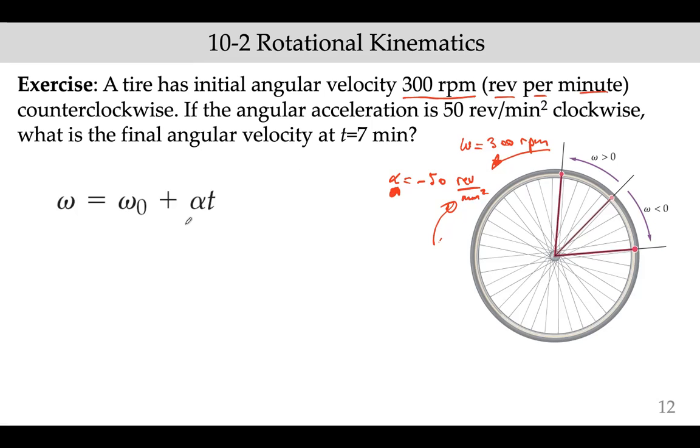Okay, we will use this equation. Now, the final angular velocity is this one. Remember, this means final. So we are going to calculate it. The initial angular speed is 300 RPM, 300 rev per minute. You can write RPM or you can write rev per minute.